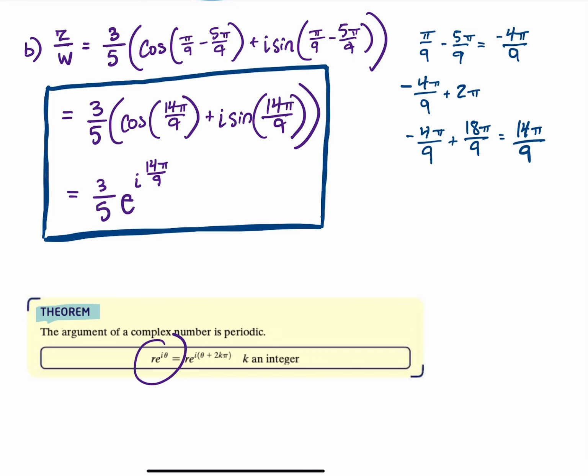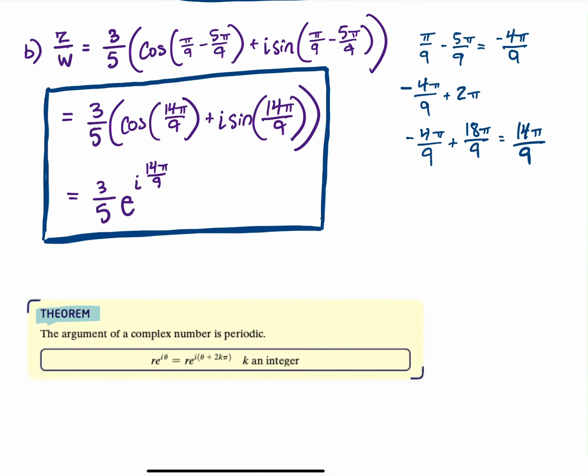If you have some complex number written in exponential form, and you add 2 pi or any multiple of 2 pi to the angle, you get an equivalent value. So it's the same idea as coterminal angles, but this will become important whenever we're taking complex roots. We'll have to use this idea, but we'll see once we get to that section.